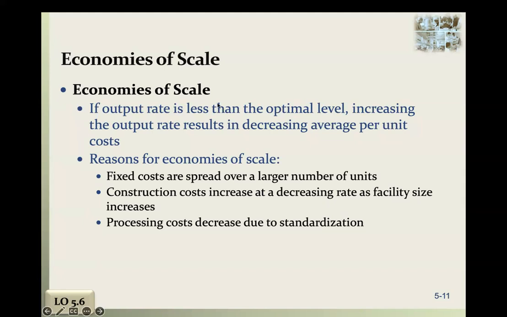If the output rate is less than the optimal level, which means the level at the center, and you keep producing more, it results in decreasing average per unit cost. You know that the line is falling down, which means the cost is coming down. And the reason for economies of scale is that fixed costs are spread over a large number of units.